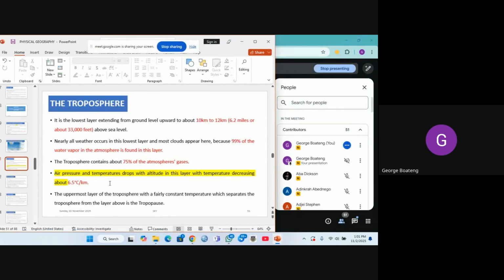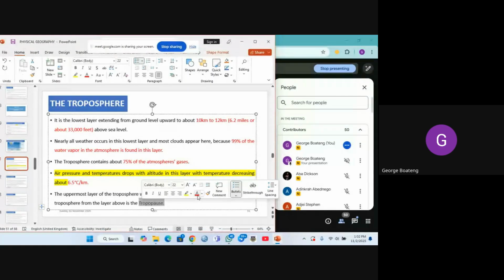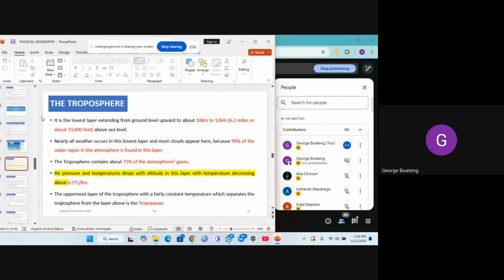Now, what we should understand is that the clouds are formed in this troposphere. There are no clouds in any other layer apart from the troposphere. In this same troposphere, we say its uppermost limit is the tropopause.